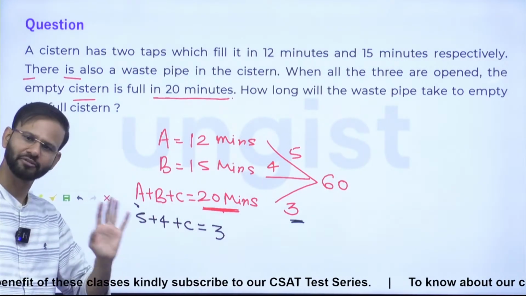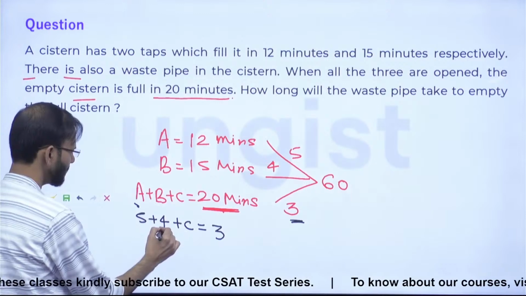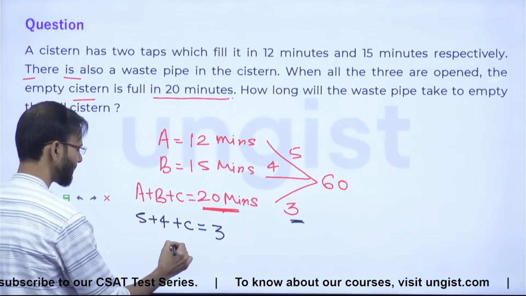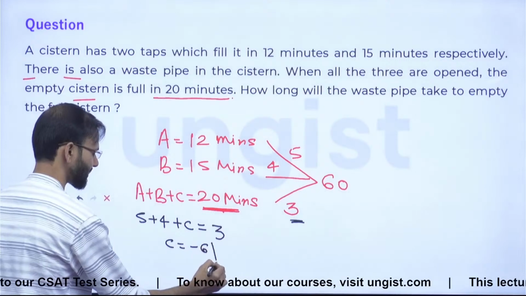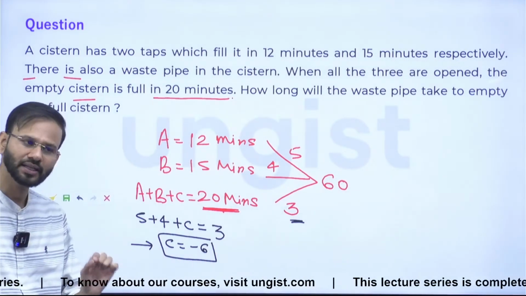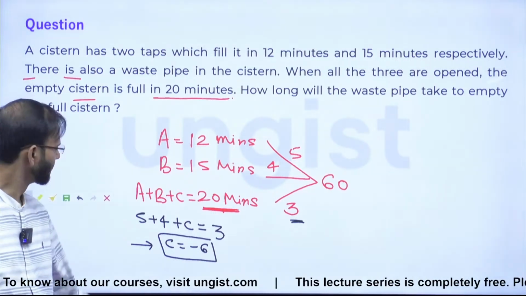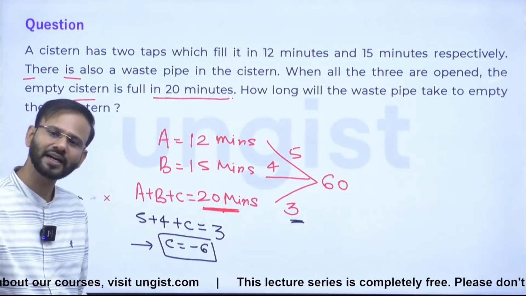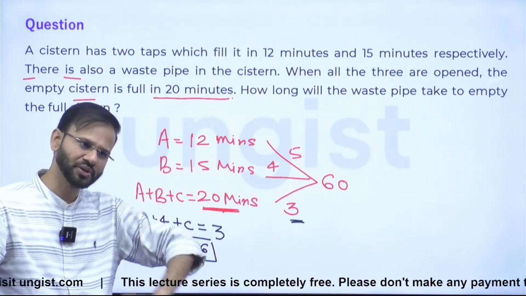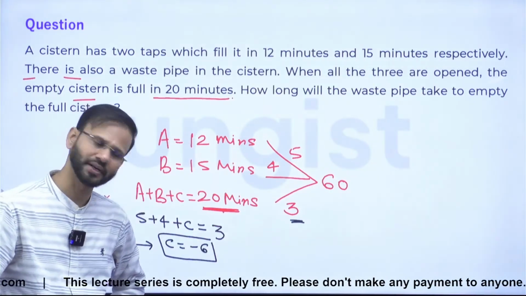This is 9 plus C is equal to 3, then C is equal to minus 6. Guys, minus means nothing but the leak. This minus is representing that C is the leak pipe, which is taking out water, water is going out from this. Correct everyone?